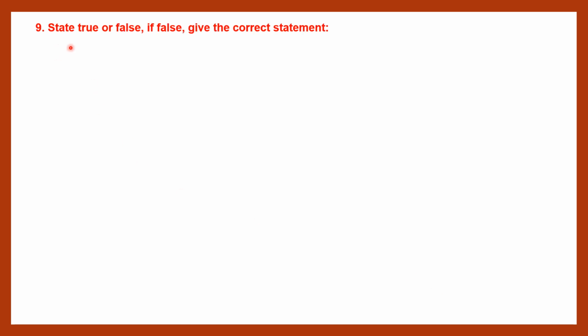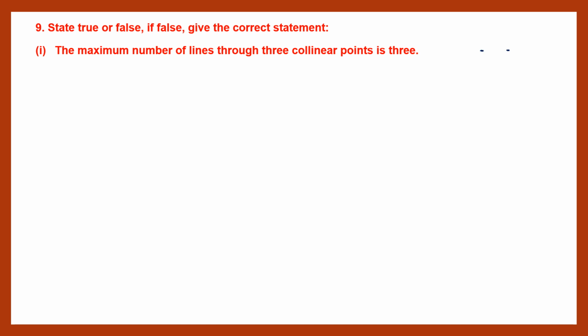Question 9. State true or false, and if false, we have to give the correct statement. First sentence: the maximum number of lines through three collinear points is 3. What are collinear points? Collinear points are 3 points that lie on the same straight line. Now, how many lines can you draw through these? If you draw a line, you can draw only one, isn't it?